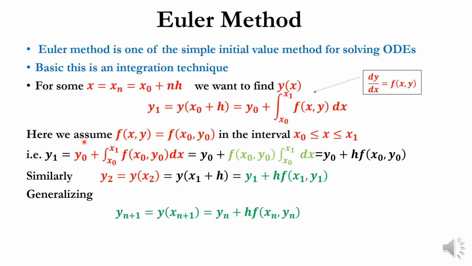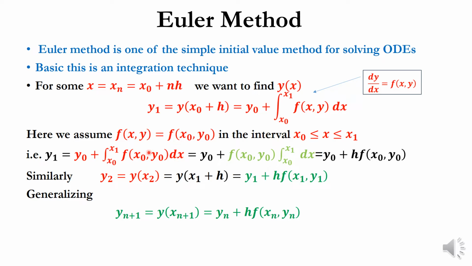In Euler method, we assume this f of x, y in this interval x0, x1 as f of x0, y0. That is, this f of x, y is assumed as a constant f of x0, y0 in this interval, so that this y1 becomes y0 plus integral f of x0, y0 dx.